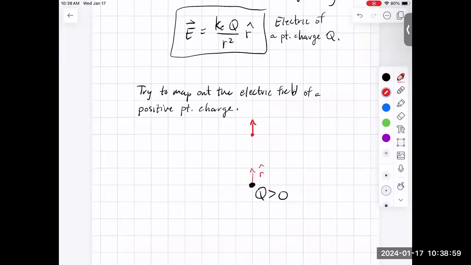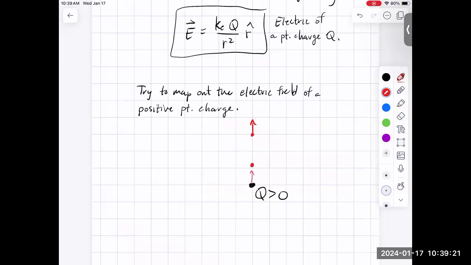And then what we do is say, okay, let's go to some new point. I'm going to go to a point over here. The unit vector that I would have would be pointing from Q towards that point.